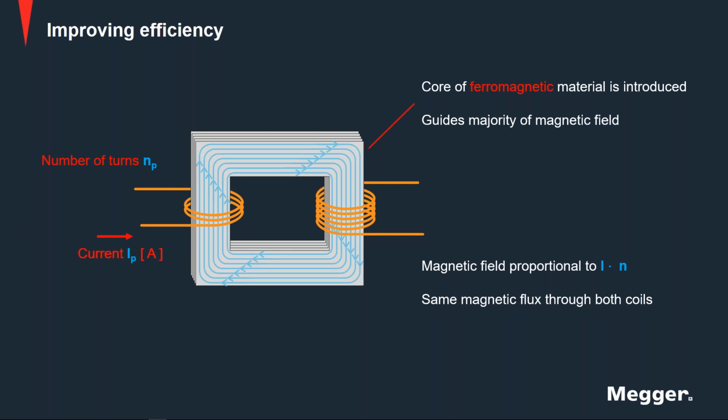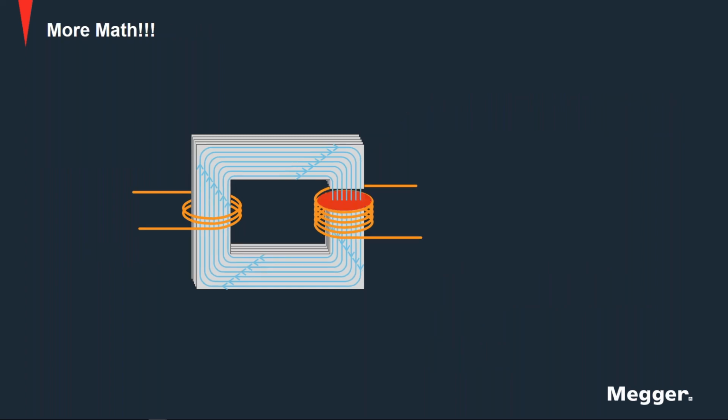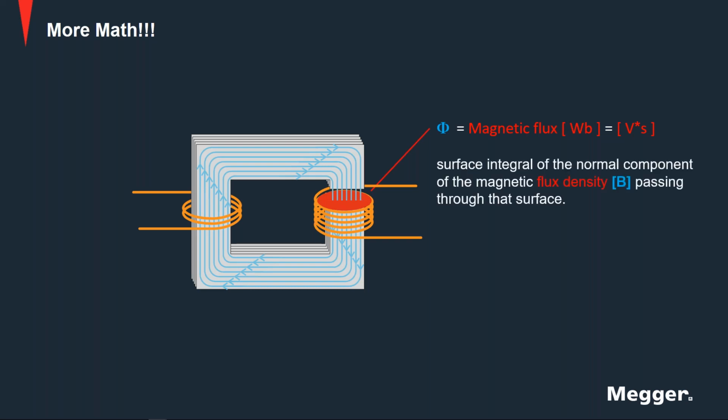So, the number of turns on the primary, and the number of turns on the secondary. You can look at two equations, whether you're talking about current or voltage, and they will result in the same magnetic flux through both of the coils. Of course, if you want to get into more specifics, there is more math where we look at phi, the magnetic flux in Webers, which can also be represented as volt-seconds.